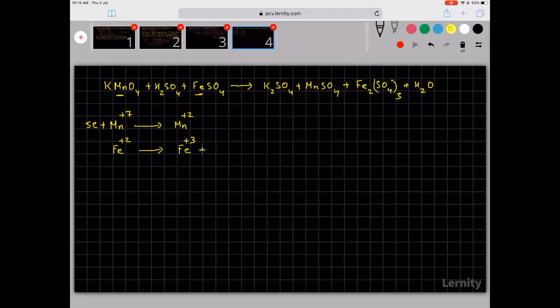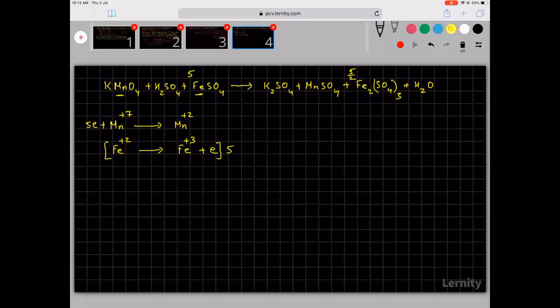Now here there are 5 electrons and here only 1 electron, so I would like to multiply this by 5. But then I would have to put 5 by 2 here, which is not possible because whenever you balance, you must have integral numbers. So you multiply the whole thing by 2.